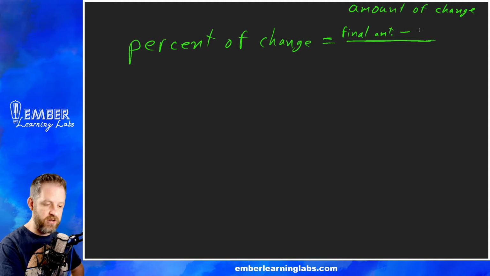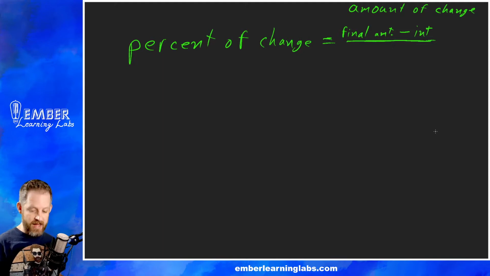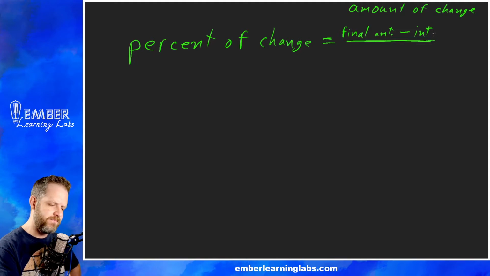minus the initial amount. And this is always true, whenever we're trying to find the amount of change or the change in something, we always take the final minus the initial, right? Later on in one of your math classes or your science classes, you'll learn that we use the Greek symbol delta for this, actually.